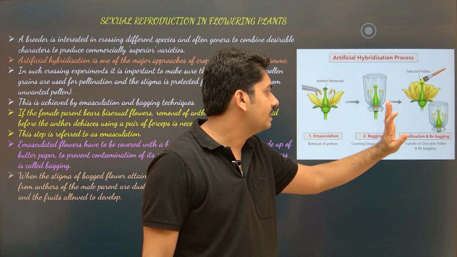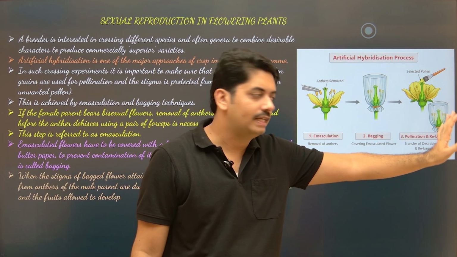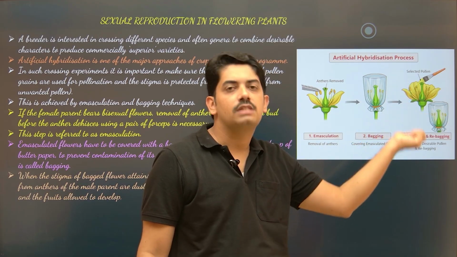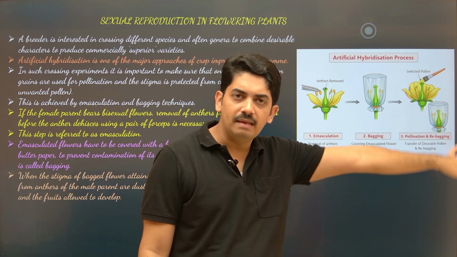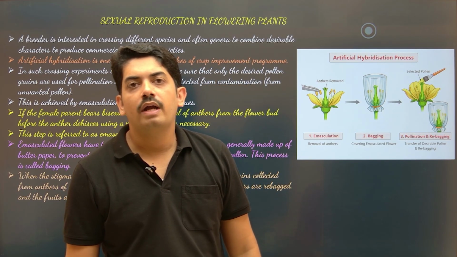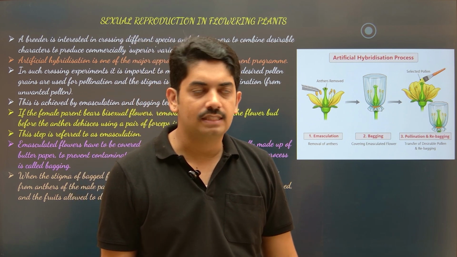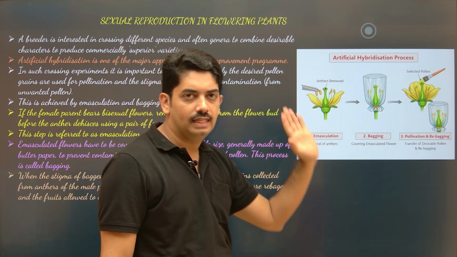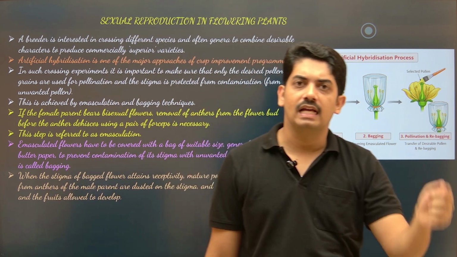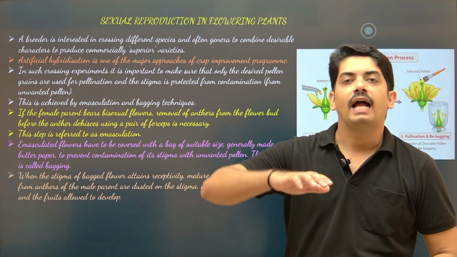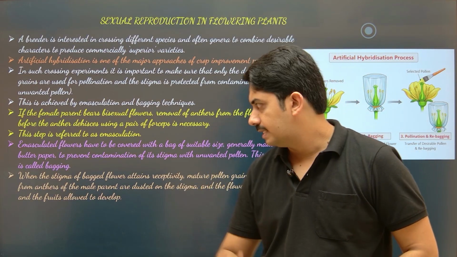This we call the artificial hybridization technique. Artificially you transfer the pollen grain, and rebagging is done to avoid further contamination of the stigmatic surface. This makes sure that the desirable pollen is transferred onto the stigmatic surface and the offsprings produced will be hybrids.